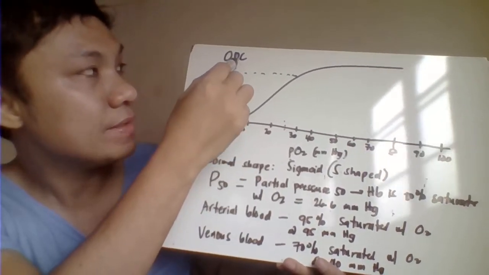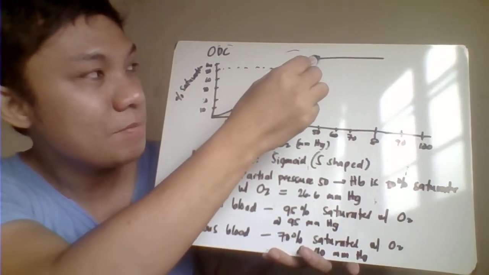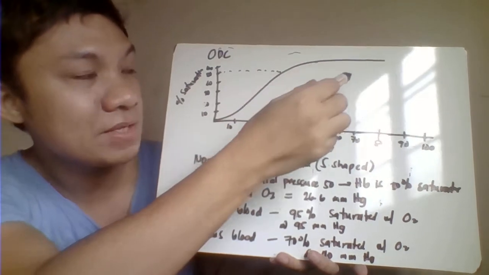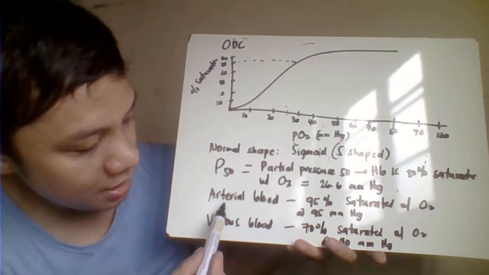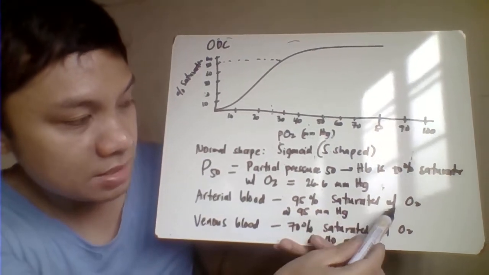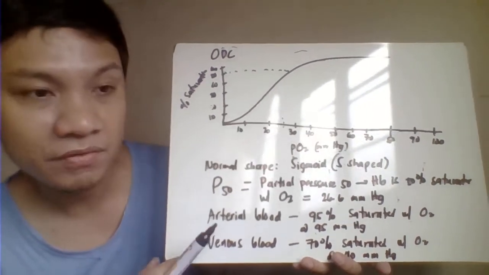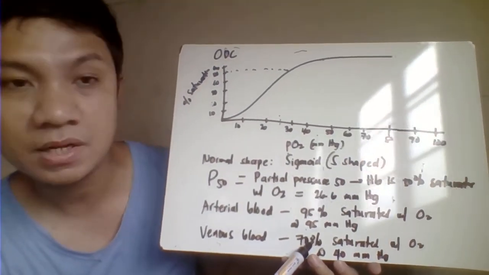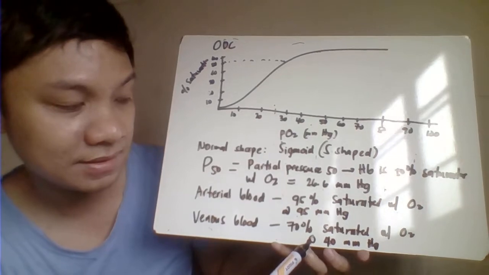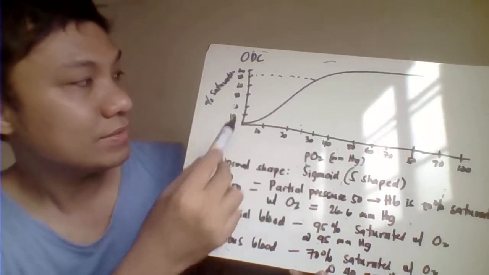So kung 95%, hanapin mo dito kung saan tatama siya sa graph natin, then ito ang kanyang partial pressure. So ganun din, 95% saturated with oxygen is 95 mmHg. That's in the case of your arterial blood. For the venous blood, it's 70% saturated with oxygen, and that could be found here at 40 mmHg. So, ulit, parang ganito lang.